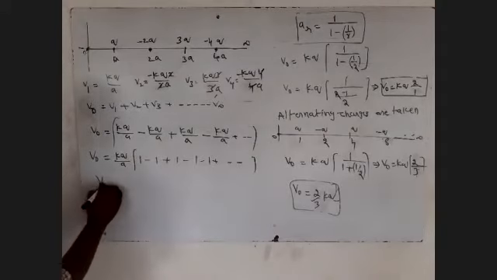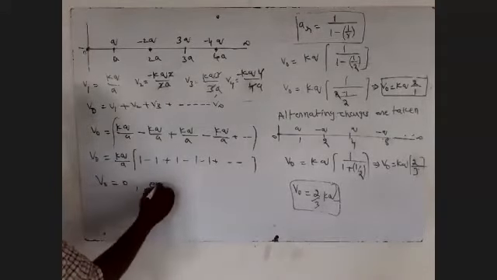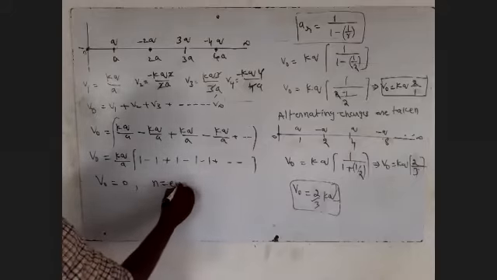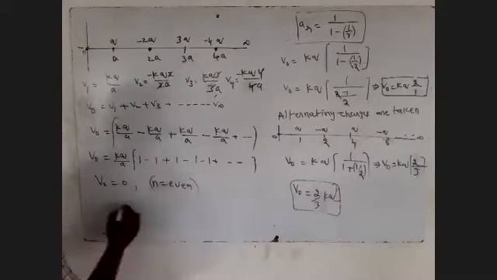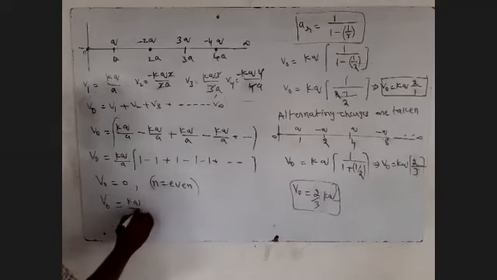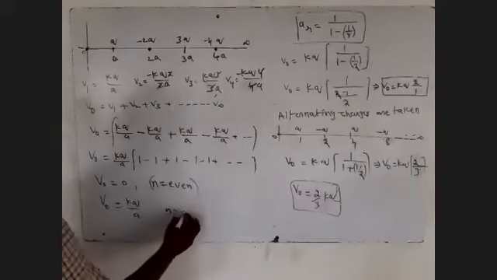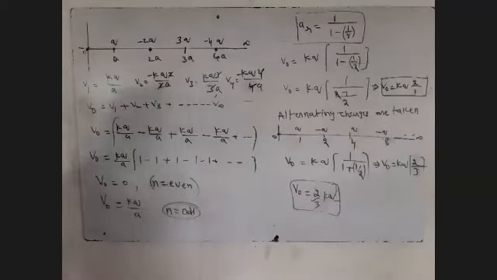So V naught is equal to 0 when n is even. V naught is equal to kq by a when n is an odd number.